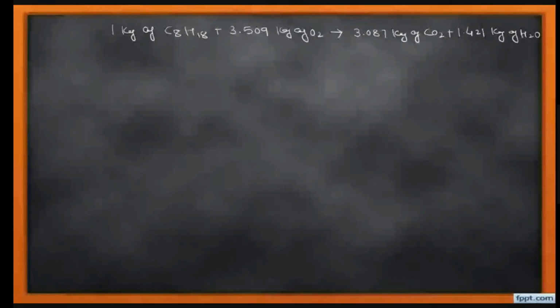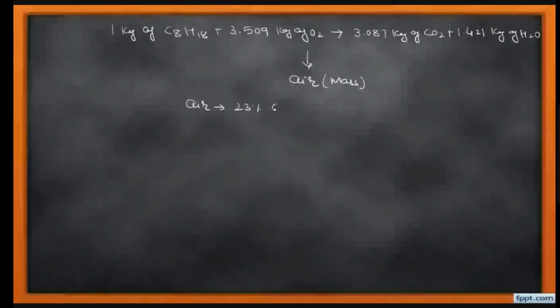And we know that the source of oxygen is air. And here we take the mass base, so we need to go with the mass base system. And we know that air contains 23 percent of O2 by mass.